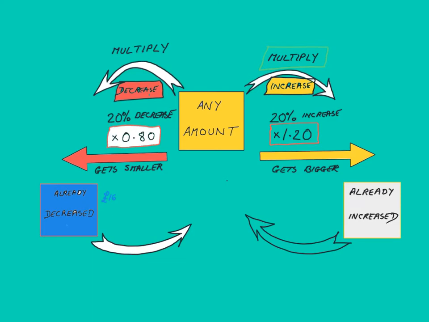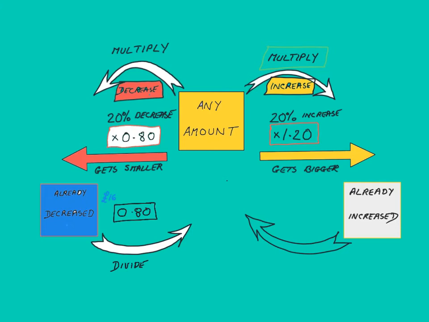So we need to divide whatever the final price was by 0.8 to put back the decrease that originally happened.